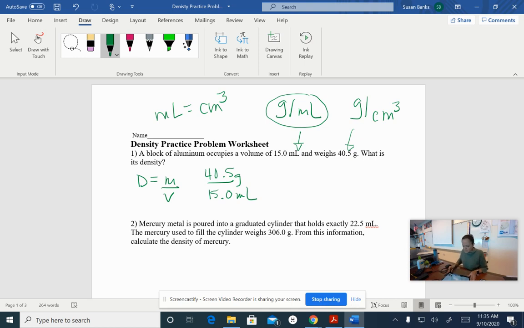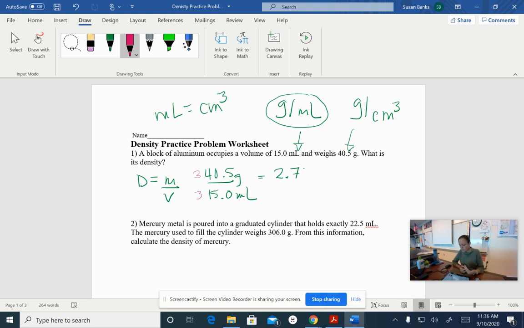So let's do the math here. So we're going to take 40.5 divided by 15. So if I do that, 40.5 divided by 15, my calculator spits out 2.7. Now, I should have a problem with this, because if we look at significant figures, our first number here has 3 and our second number has 3.